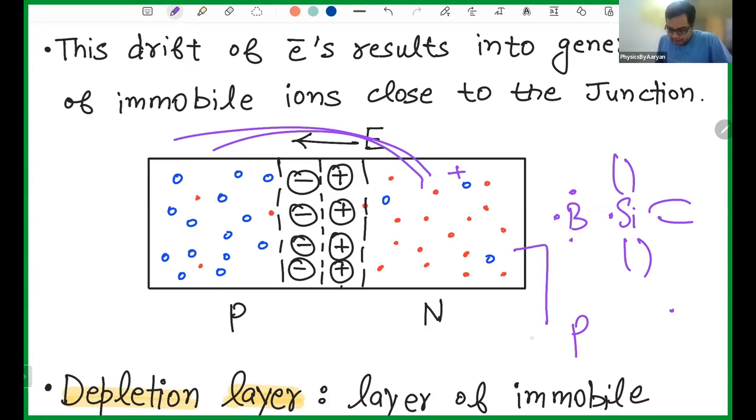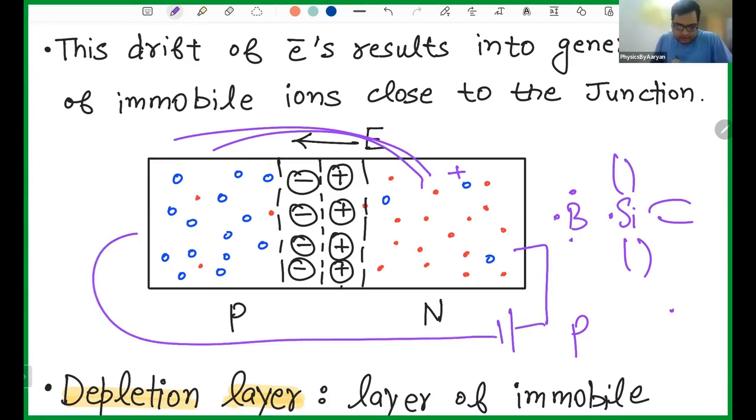So I apply my battery, so this is the positive terminal and this is the negative terminal. So I want my positive charges to go from N to P. N has a very limited number of positive charges. A little bit, 3-4 positive ions, holes will go to that side, but not more than that. So we cannot have much positive current going from here.